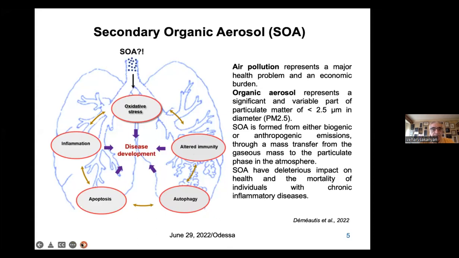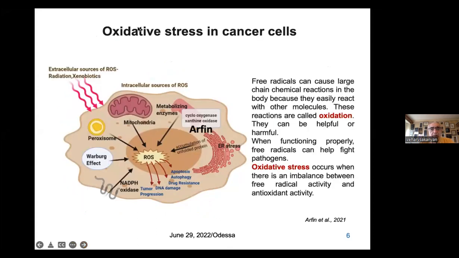Here now we have a general picture of this action. As you can see, free radicals can act on the level of cells, and the intracellular sources of these radicals are different.